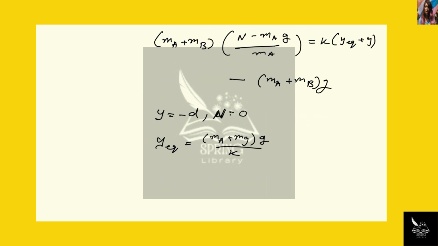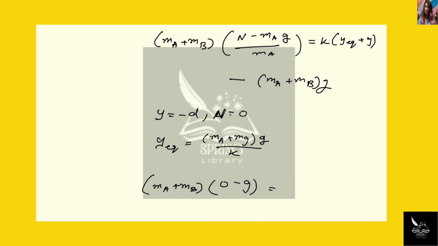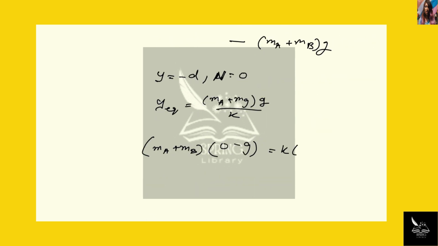So here you have (Ma + Mb), and the normal reaction is 0, so this will be a minus g, equal to K times minus D plus (Ma + Mb) by K times g, and finally minus (Ma + Mb) g.